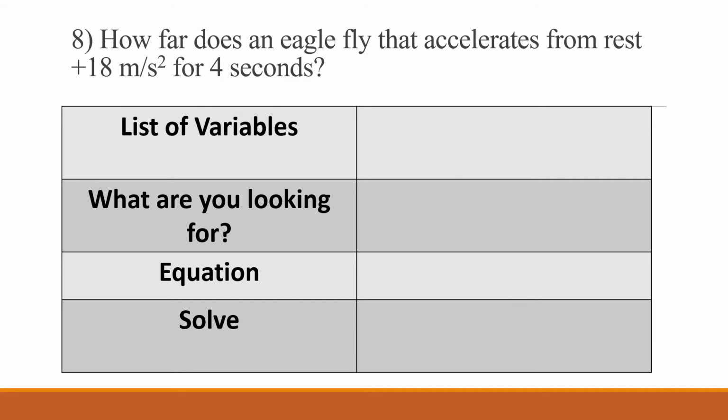How far does an eagle fly that accelerates from rest 18 meters per second squared for 4 seconds? Okay. How far means I'm looking for distance. When I see 18 meters per second squared, that's an acceleration.